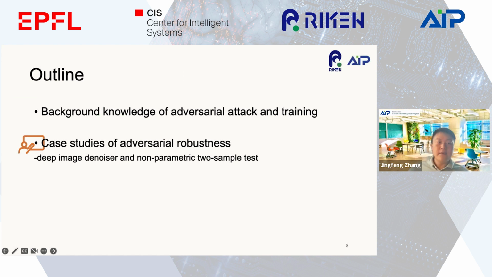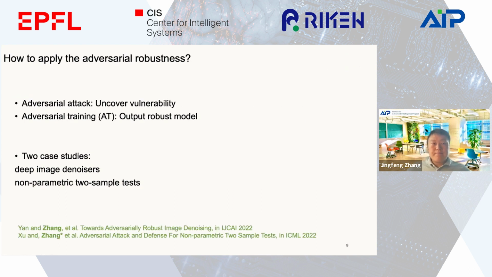Next, I'm going to cover two case studies on how to apply the adversarial robustness. We understand that adversarial attack is a way of uncovering the vulnerability of machine learning model, and adversarial training is a way of making those machine learning models robust against those attacks.